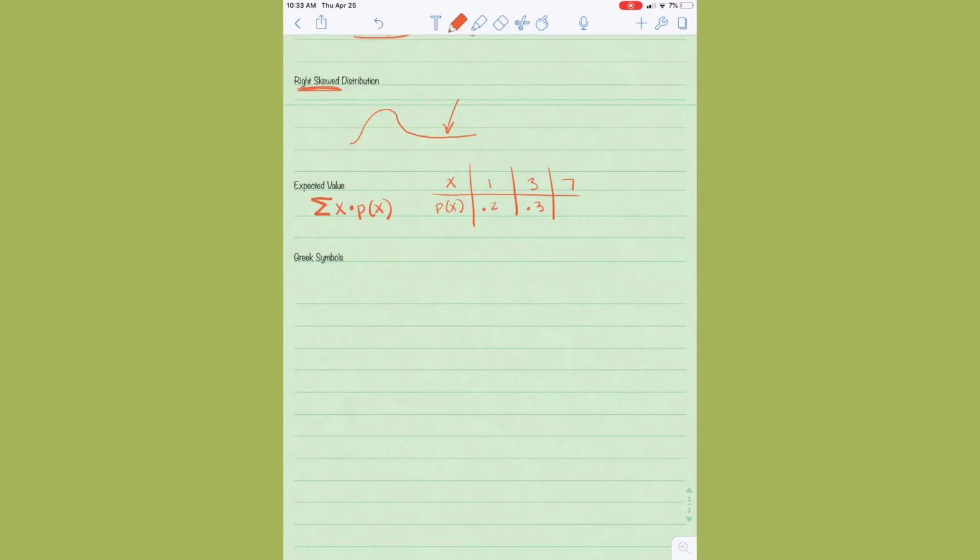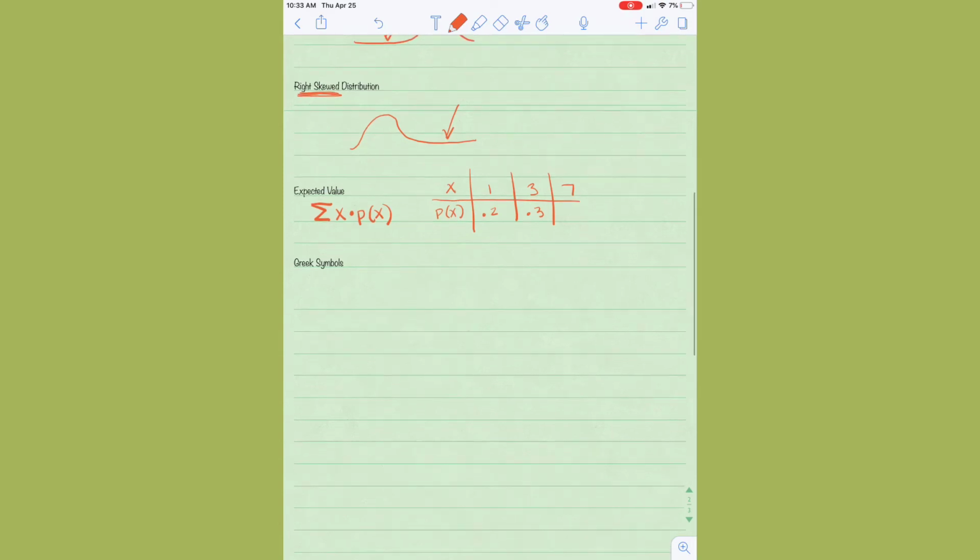So let's try to do this by hand. I apologize. It might get a little messy for a second. We would do 1 times 0.2 plus 3 times 0.3 plus 7 times 0.5, and when I add those up, that would get me my expected value answer.